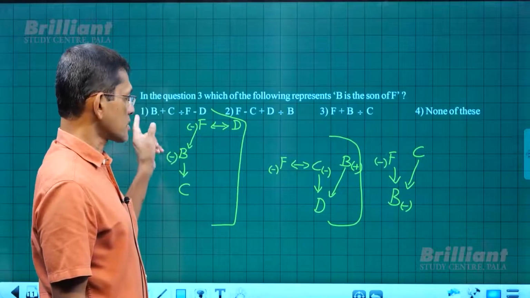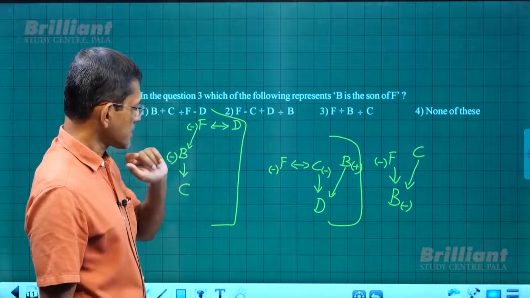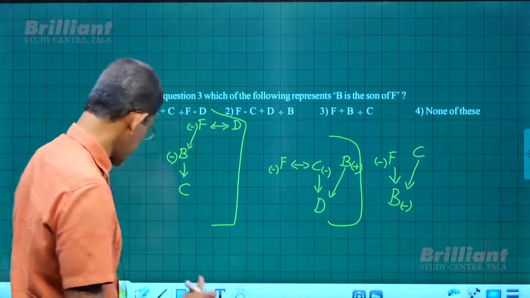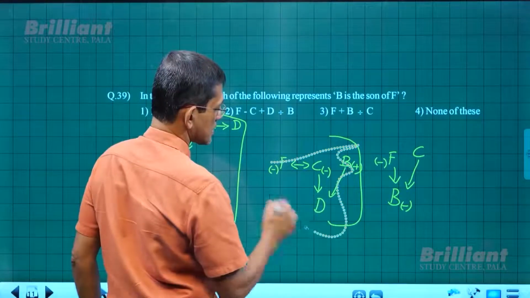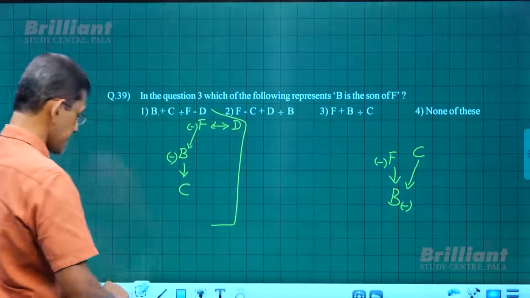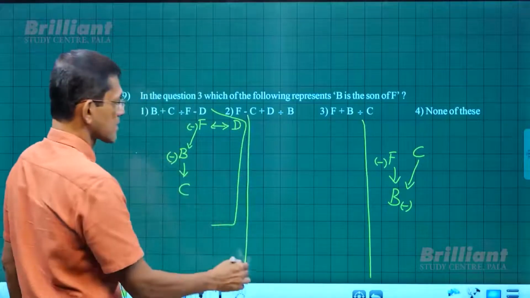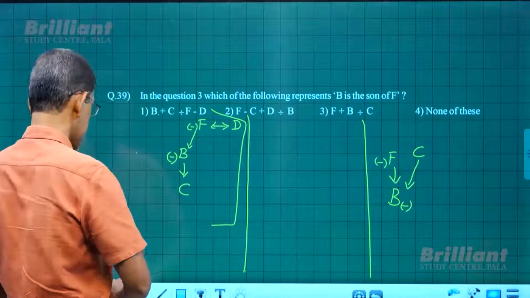B is the daughter. And in the second case, I have a doubt on the second answer choice. We'll check it once again. So third cannot be the answer. Well, we check out the second one. F minus C. So that's interesting.